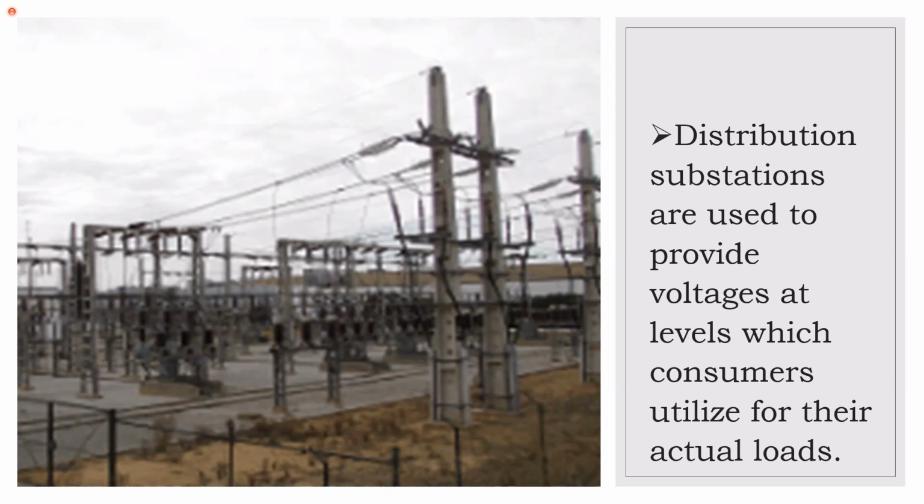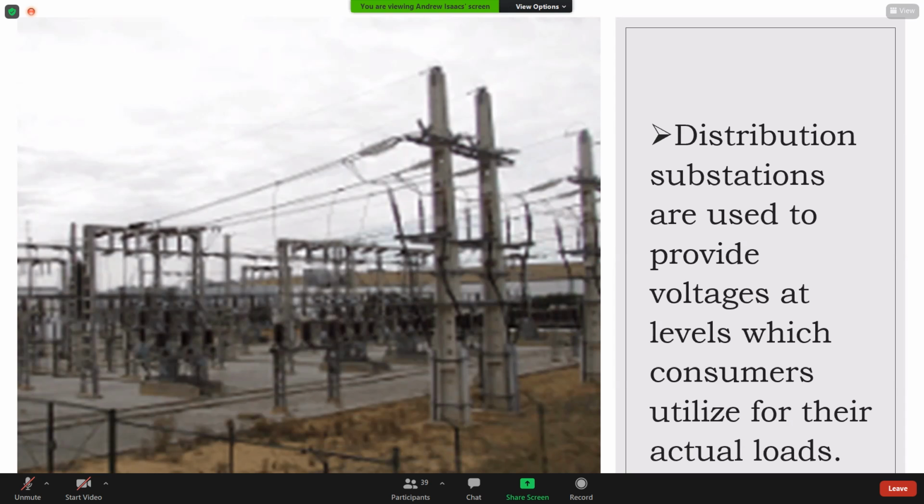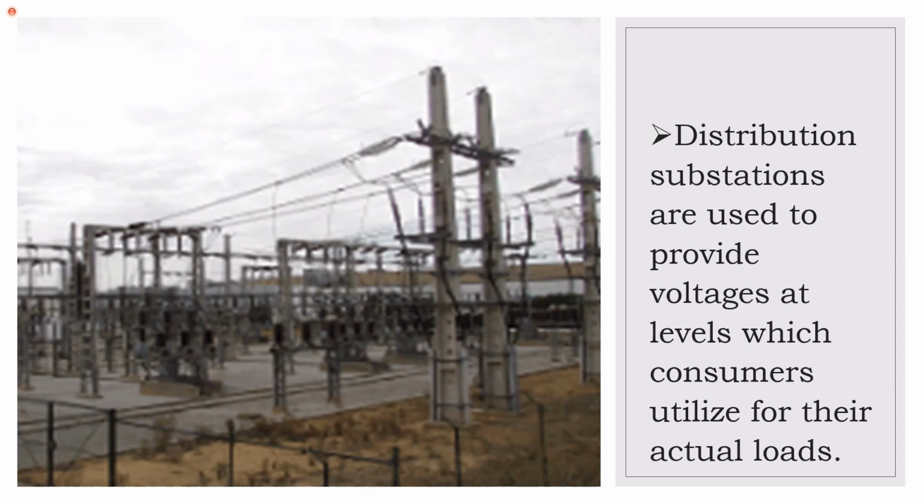Now that 24 kilovolt on the streets is fed into the pole-mounted transformers. And from those transformers you now get your 450, your 220, your 110, which is what we as customers would use locally.